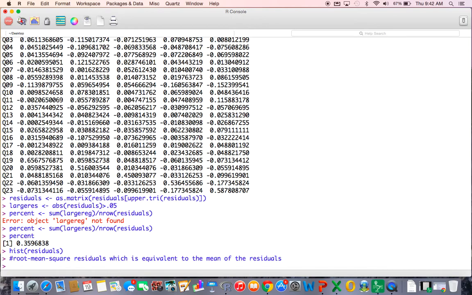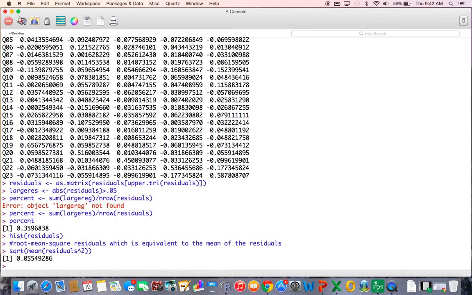So the way I would do this is to find the square root of the mean of the residuals squared, just as it says. So our mean of the residuals here is 0.055, which is below the threshold of 0.08. So life is good.